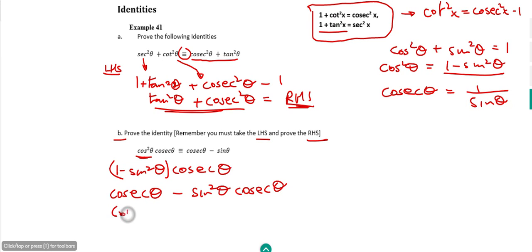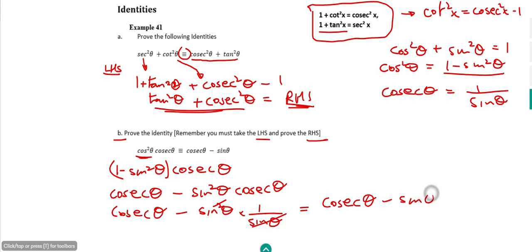So this will turn into the cosec theta we already had, minus sine squared theta times 1 over sine theta. And the sine will cancel away the square on that, leaving us with just sine theta, and that's going to be cosec theta minus sine theta. So that was the left-hand side, and it now equals the right-hand side. So we've done it.